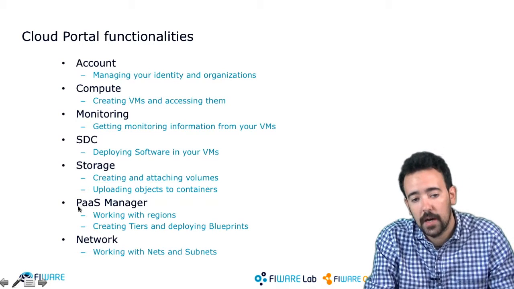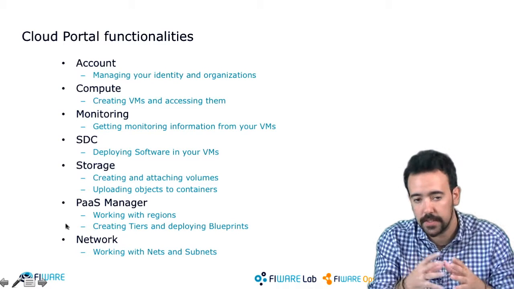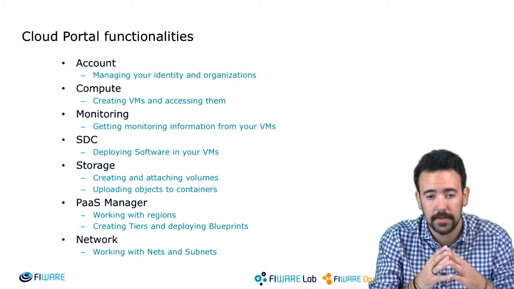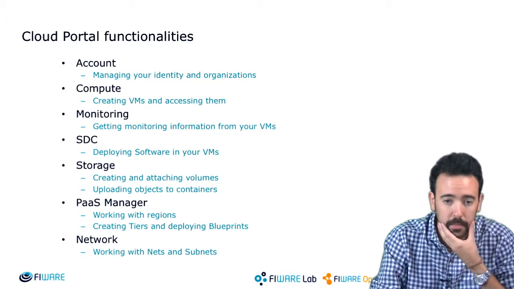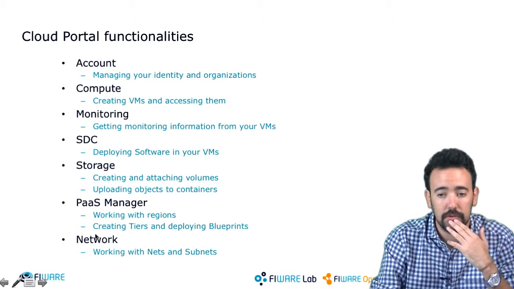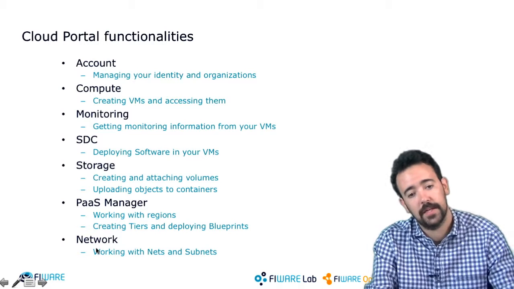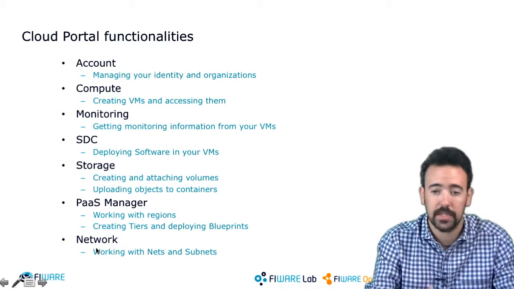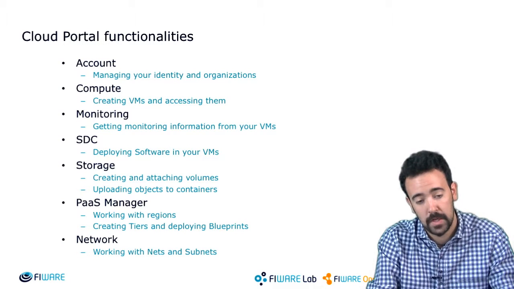We also see how to configure advanced services using tiers and blueprints in the PaaS manager component, and we also take a look at the network service of OpenStack in order to configure networks, subnetworks, ports, routers, and so on inside virtual machines.